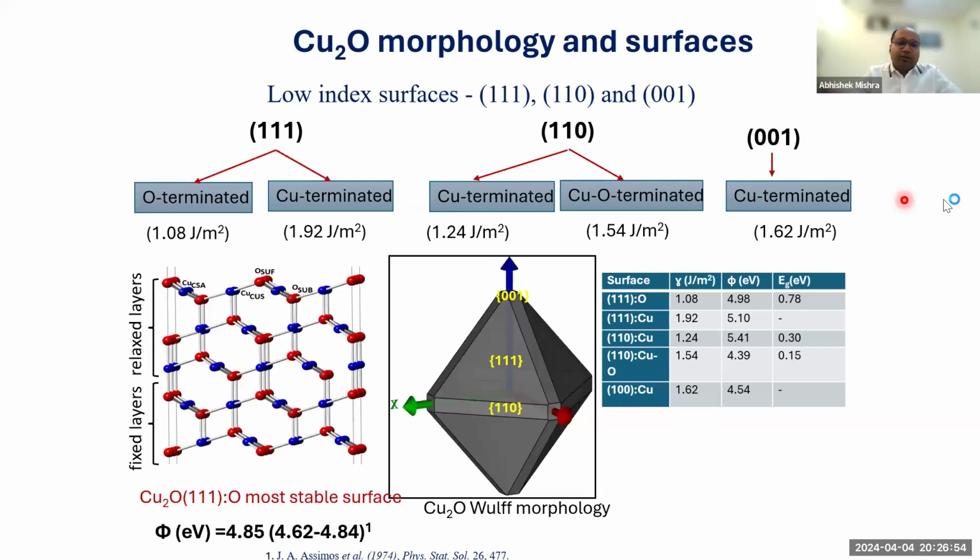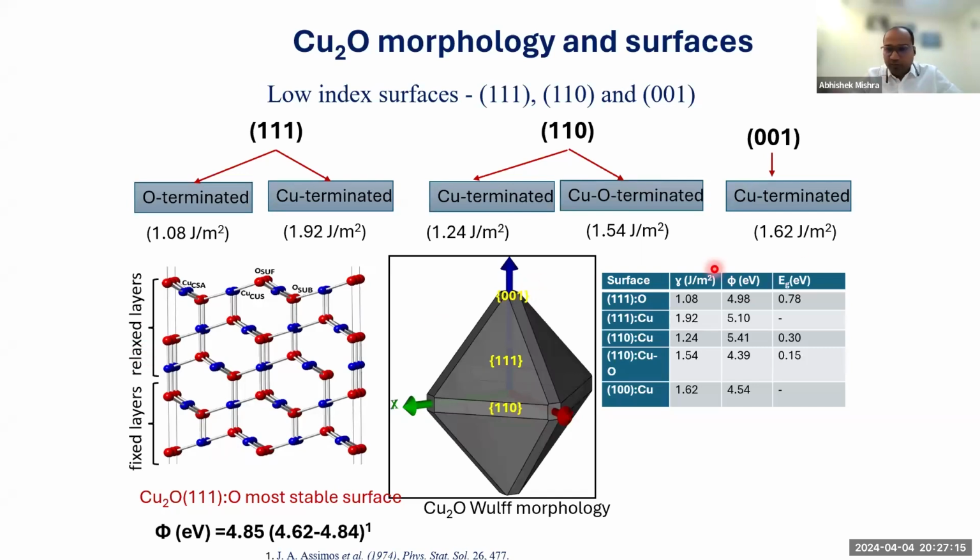As you can see, the surface energies are varying, and the 111 surface with the oxygen termination has the lowest surface energy. Based on this, we plotted the morphology. We'll show you how well it matches the experimental results as well.